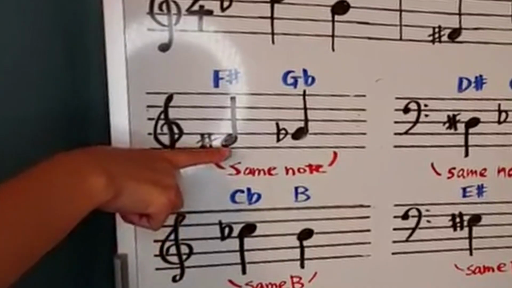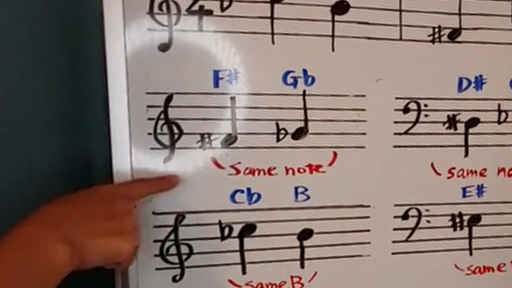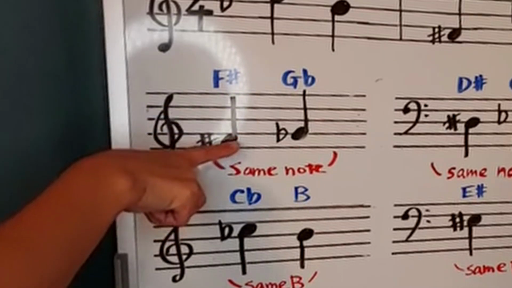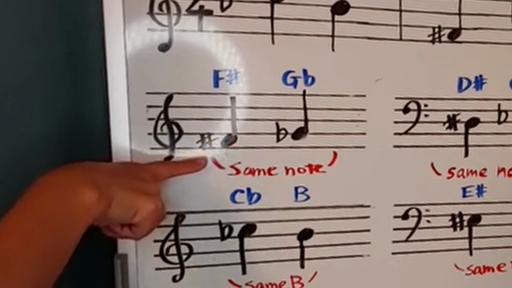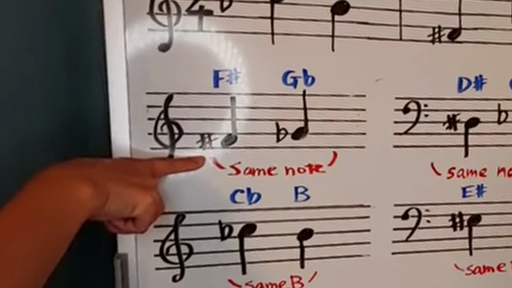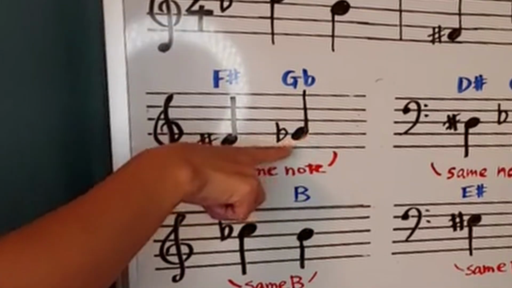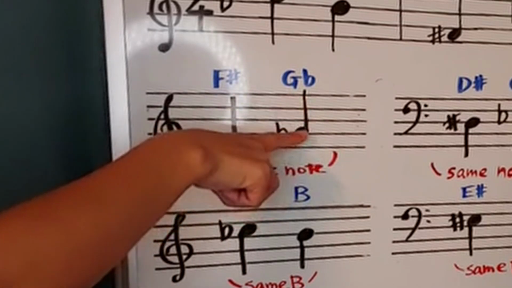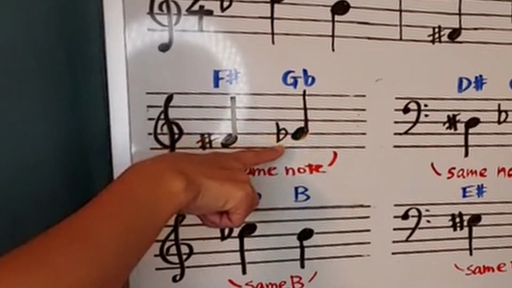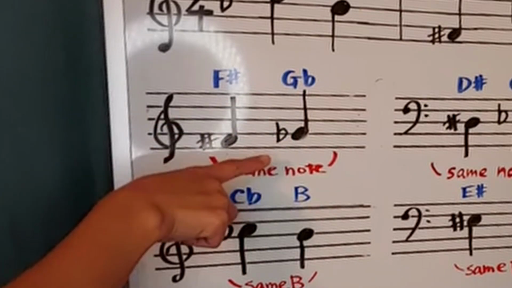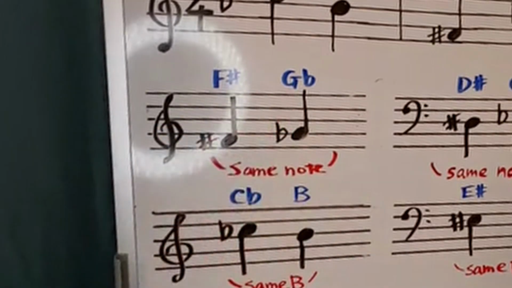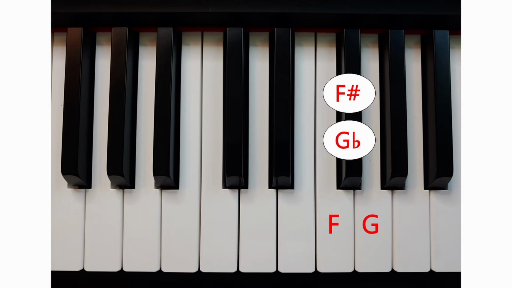This is F sharp. Remember, FACE, the space in between, this is F. So F sharp is written with a sharp on the side. And this is G. When you count the lines, this is G, and this is G flat. If you remember, F sharp and G flat are the same sound.